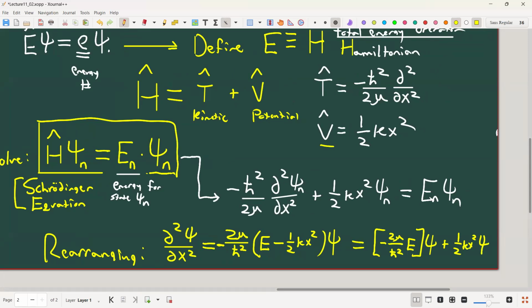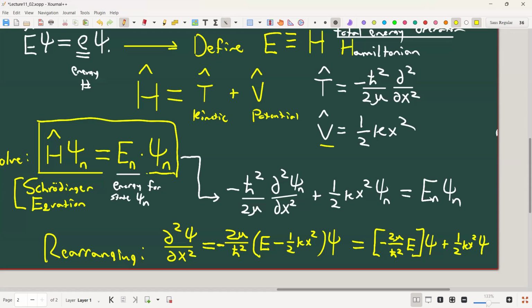Right? If psi is a function of x, I need to know that when I take the second derivative of it, I get two factors of x squared out. So if I hide this and look at just this and this, the second derivative of psi with respect to x is equal to some numbers times psi, I get e to the i k x back, right?